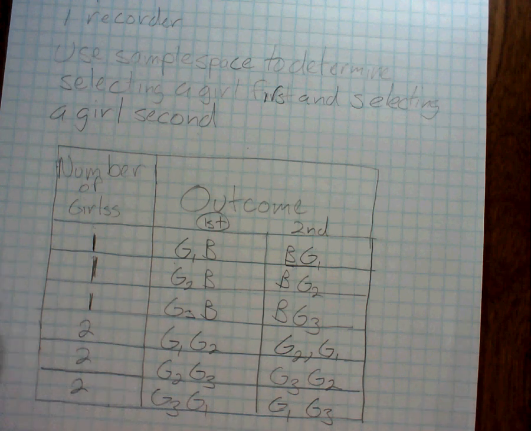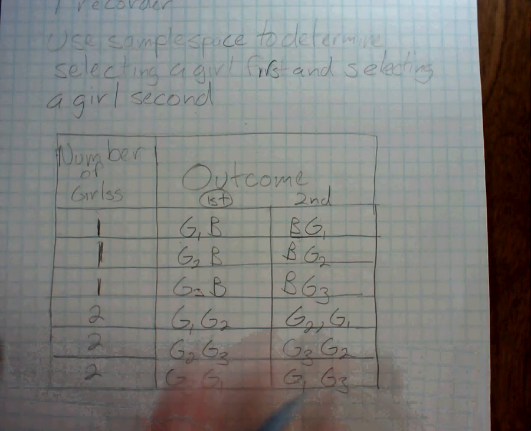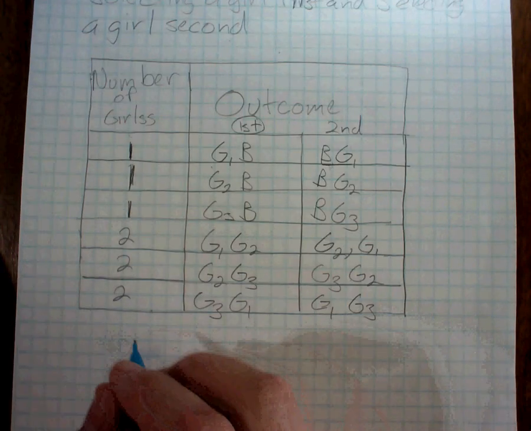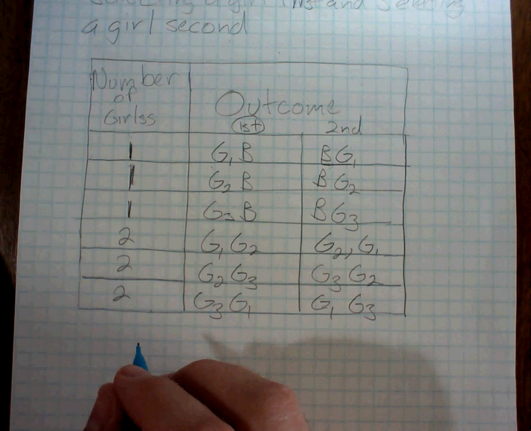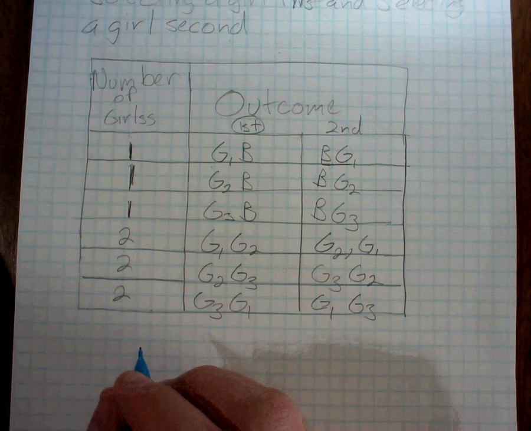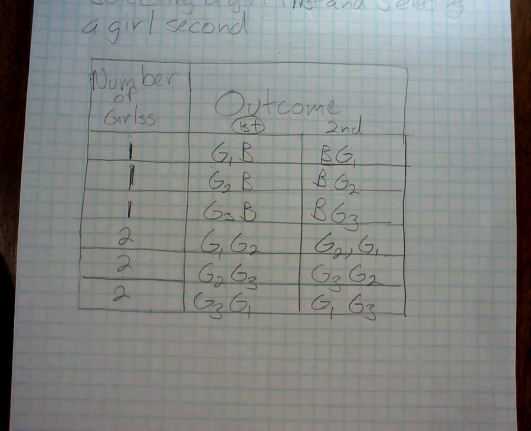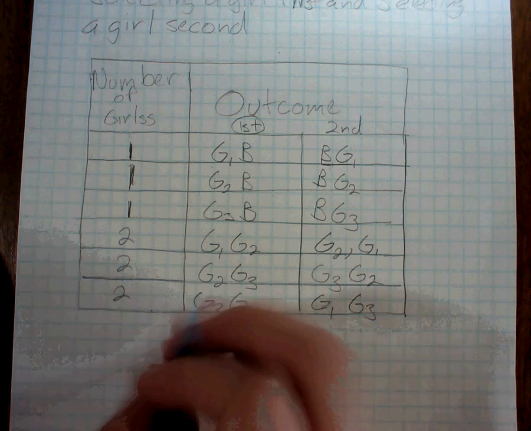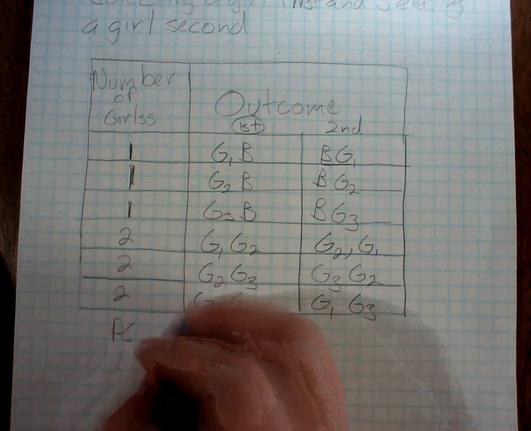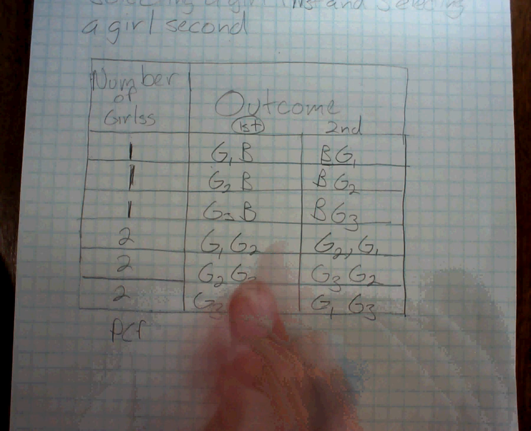So to determine whether these 2 events are dependent or not, we have to look at the probability of there being a girl first. In other words, what's that probability? So we're going to say a girl first.